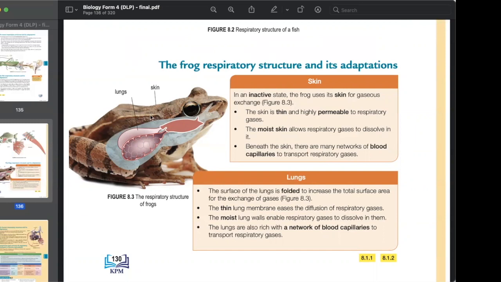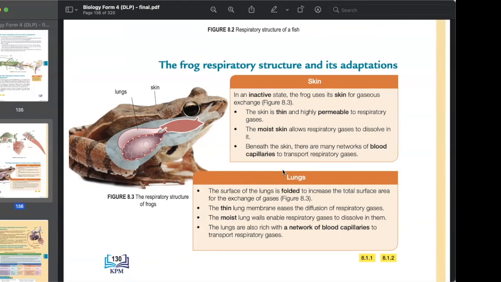Sebab blood capillary itulah yang carry carbon dioxide, oxygen and so on. So we can say that the gases exchange can occur easily. So oxygen can easily get into the skin and carbon dioxide can easily get out from the skin. Sebab apa ni dia ada karakteristik ni? Skin is thin and highly permeable and moist and has many blood capillaries under the skin.